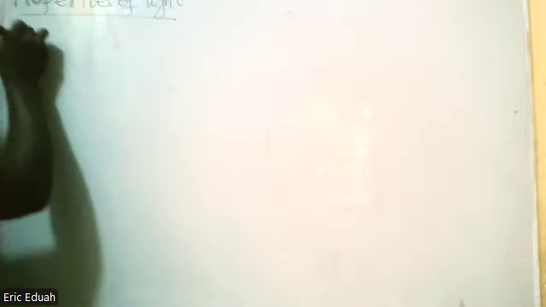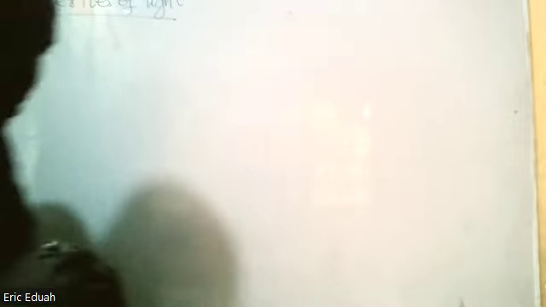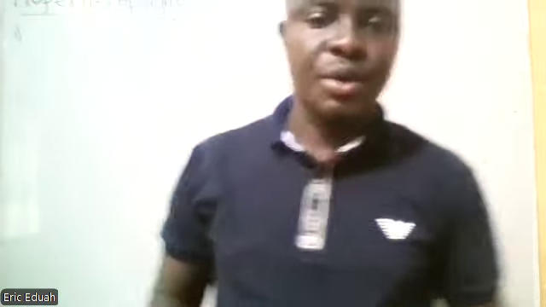Please, light travels in a straight line. Okay. Rectilinear propagation of light. Light travels in a straight line. Okay. So apart from the ability of light to travel in a straight line, what other property, Henry?